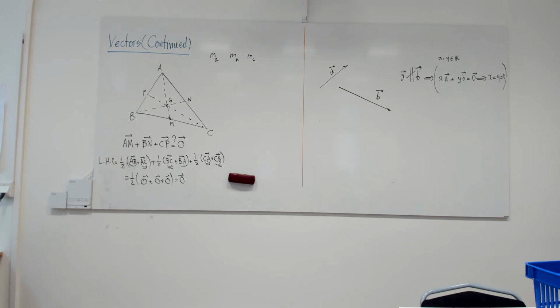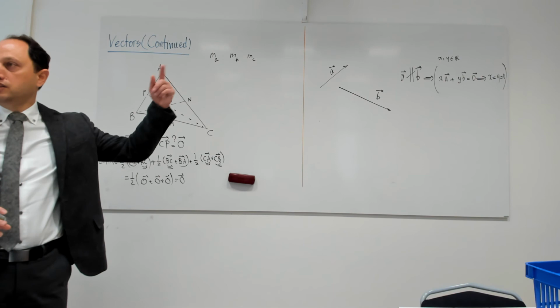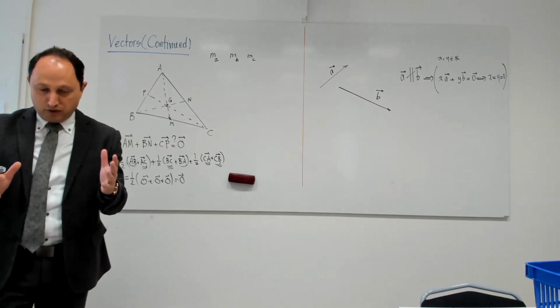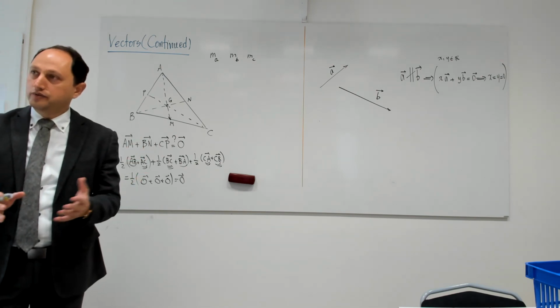So this is one condition, but the way that you thought was the other way around. You found the numbers, but let me ask you in this way: are these the only numbers? X equal to 0 and y equal to 0 will definitely work, because if instead of x I put 0, and instead of y I put 0, I get 0. But let me modify my question. Find all possible values for x and y.